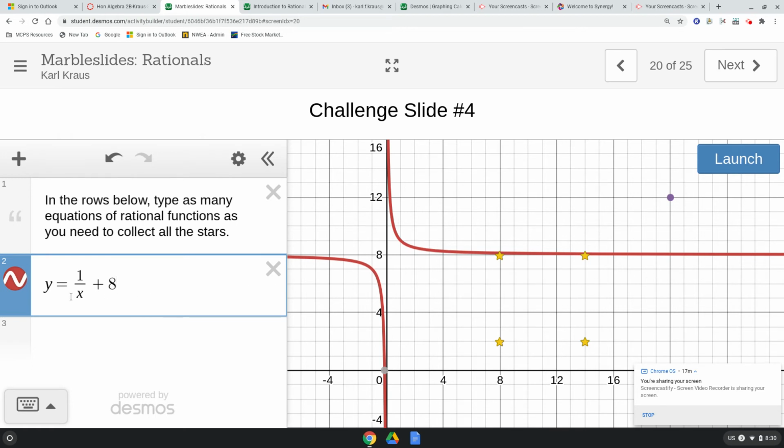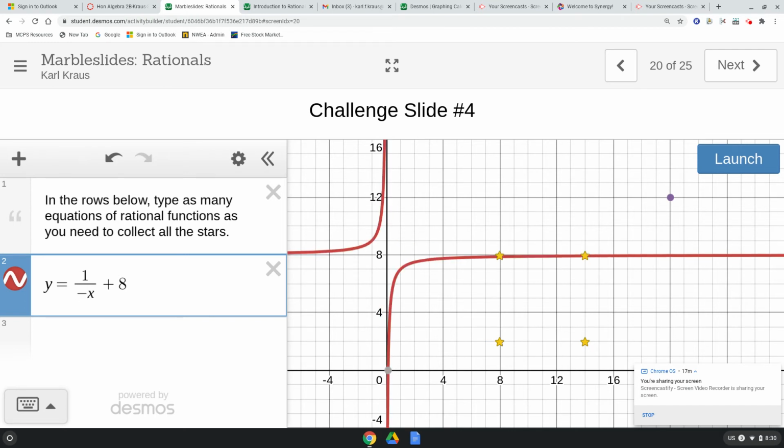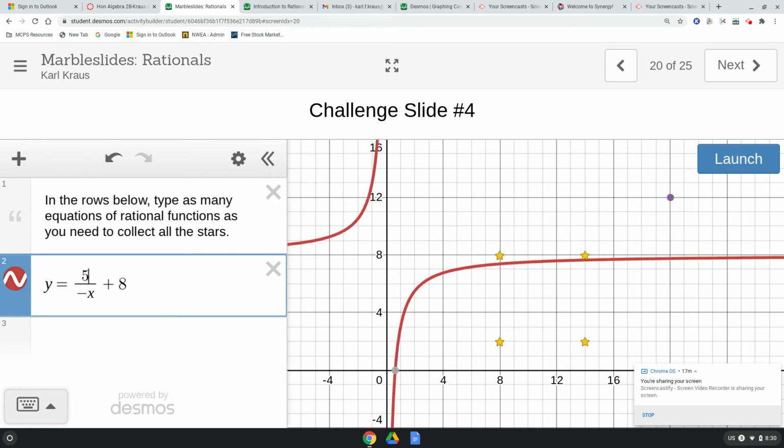So I want to flip it over the y-axis, so you make this a negative. Now, let's dilate this here. All right, so now if I launch this, it's going to come down here and collect these two.